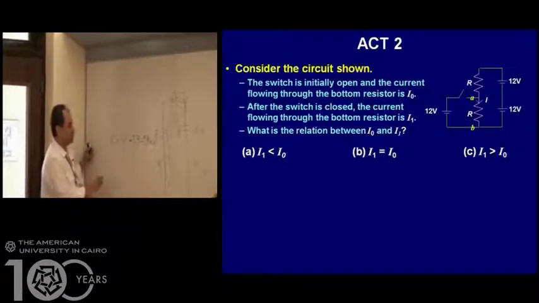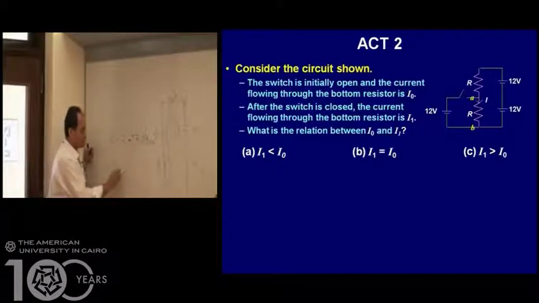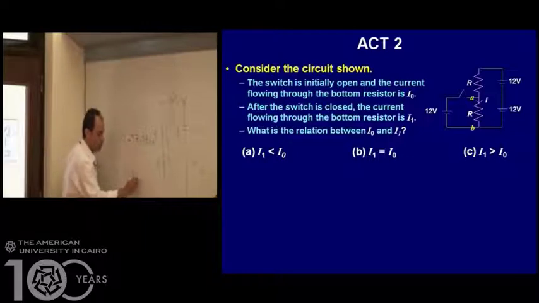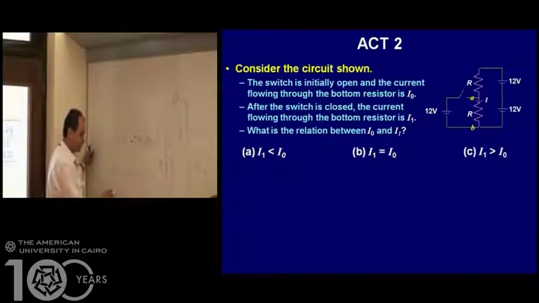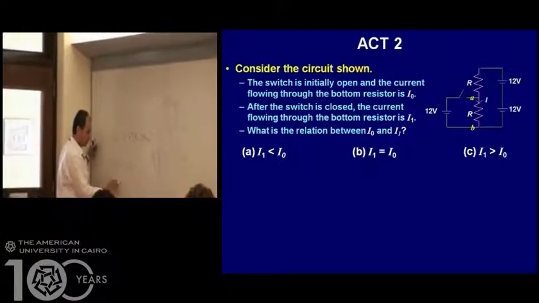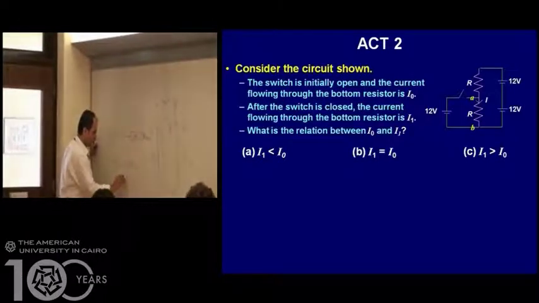That means minus 24 minus 2IR equals 0. That means that I equals 12 over R, negative.